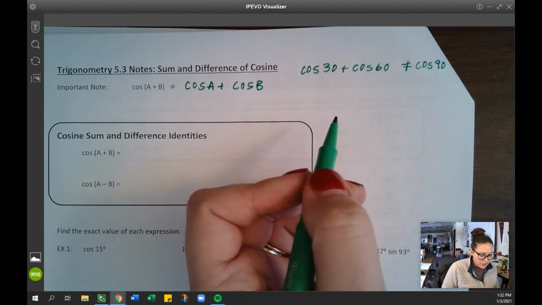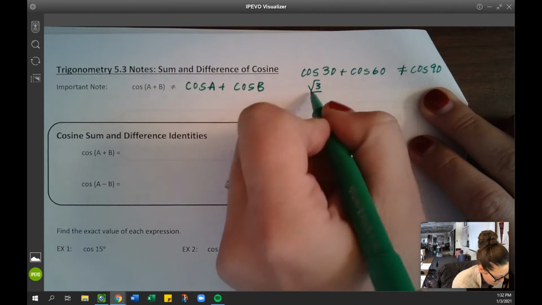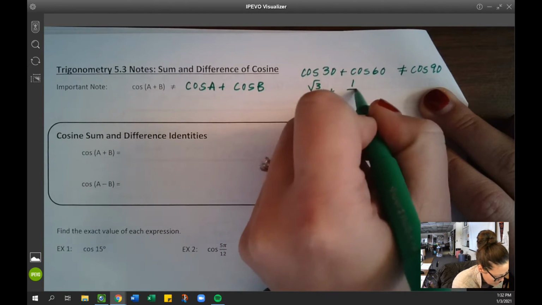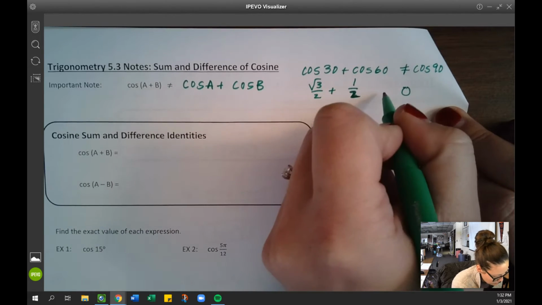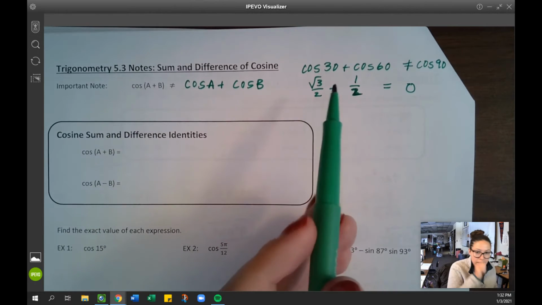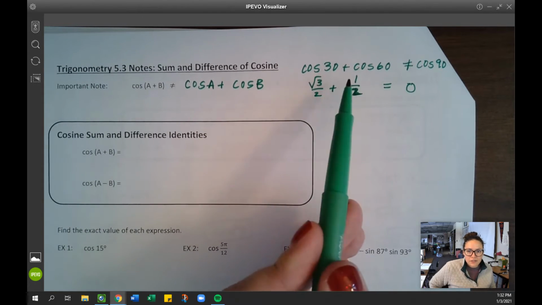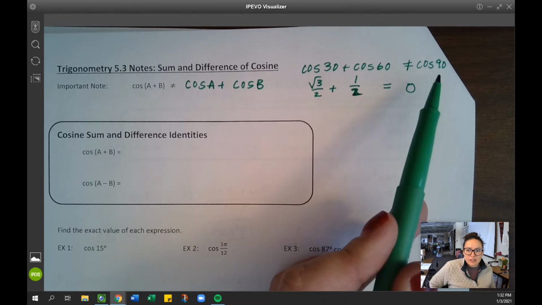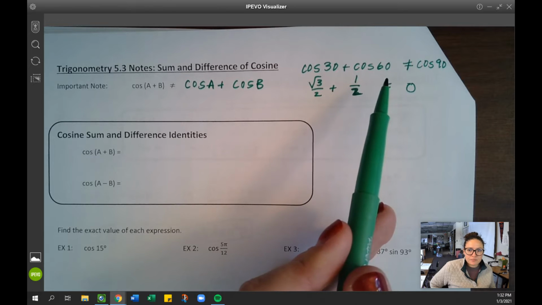Because if you look at your unit circle, cosine of 30 is square root of 3 over 2, cosine of 60 is 1/2, and cosine of 90 is 0. So it is not true that if I just add the two cosine values together, I'm going to get the cosine of that angle added together.